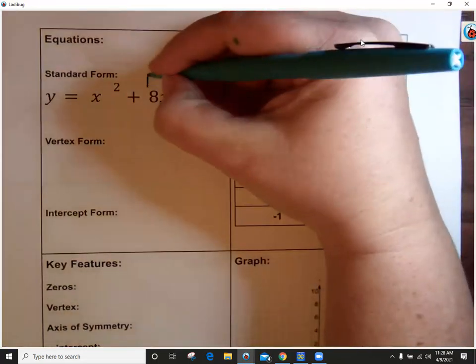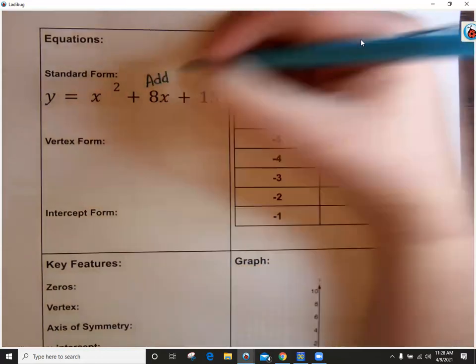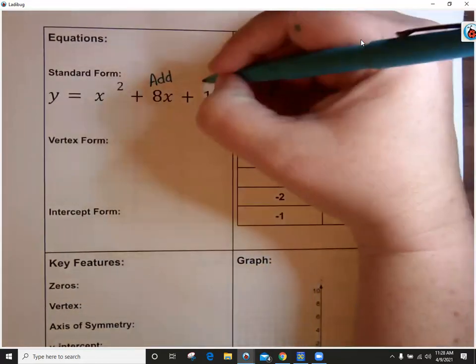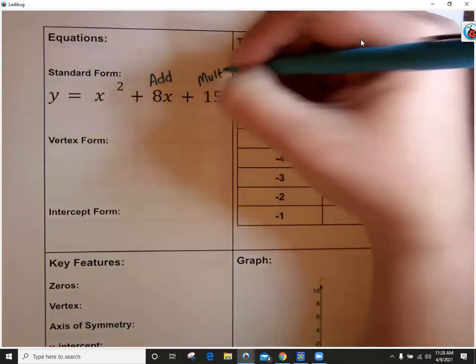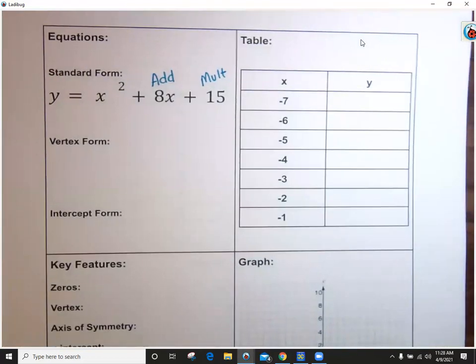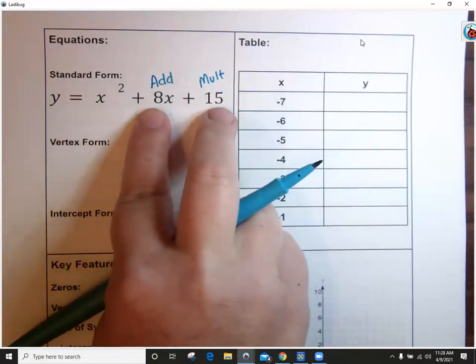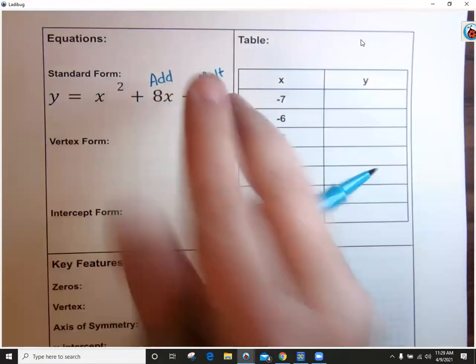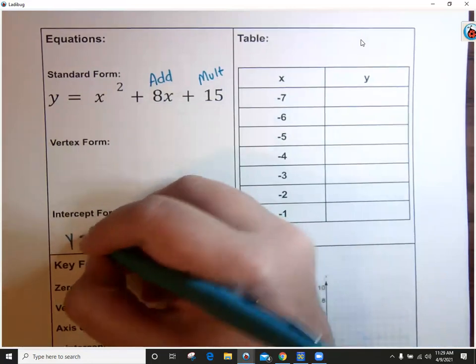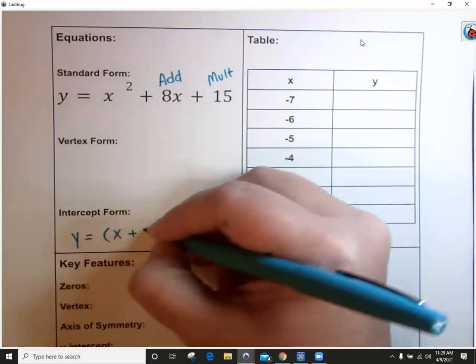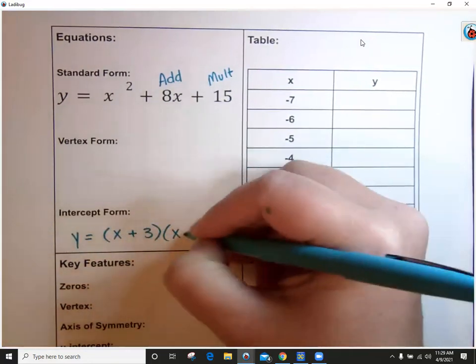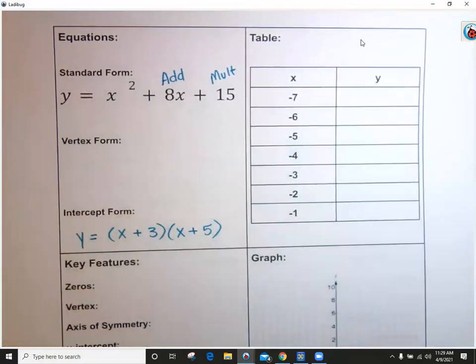All you have to do is factor it, which means find 2 numbers that add up to 8 and multiply to 15. So what would be 2 numbers that add to 8 and multiply to 15? So that means our intercept form is going to be x plus 3 and x plus 5.